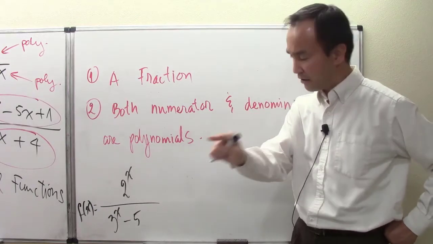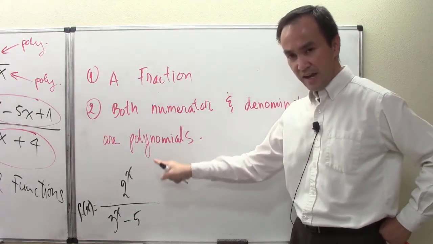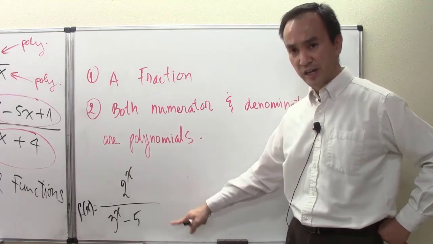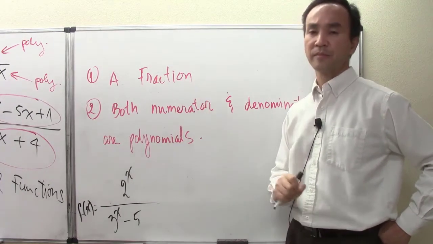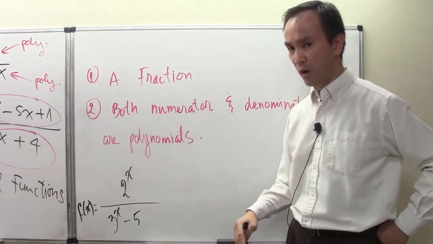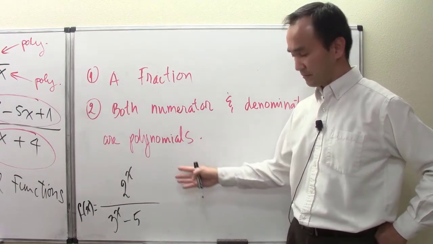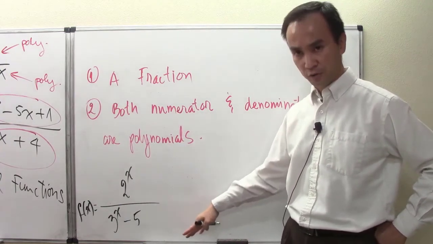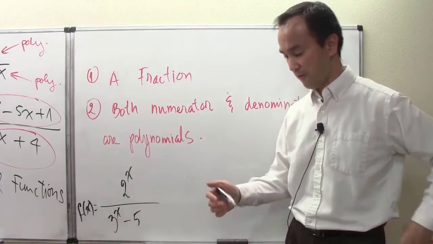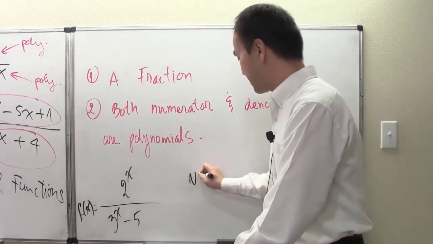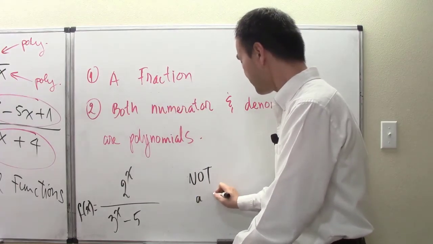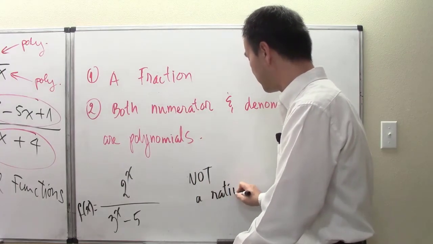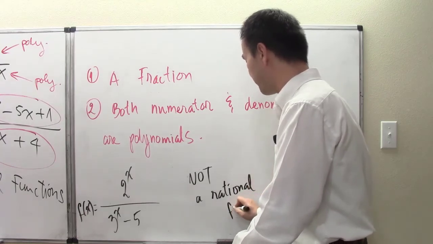Immediately it caught our attention that this function has a fraction nature. So it passed that requirement. However, this function still fails to be a rational function. Sadly, yes, it has a fraction nature, but it's not a rational function.